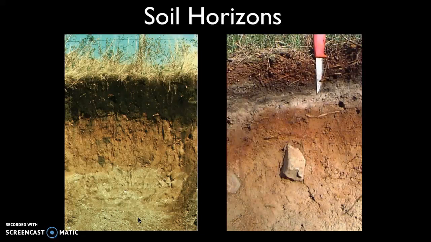So think about it for a second on the right image of the screen and try to differentiate the different horizons you're seeing there. So if you're seeing an O horizon as this kind of reddish brown, you would be correct. Then you have the A horizon, which in this case is much thinner than in the previous picture.